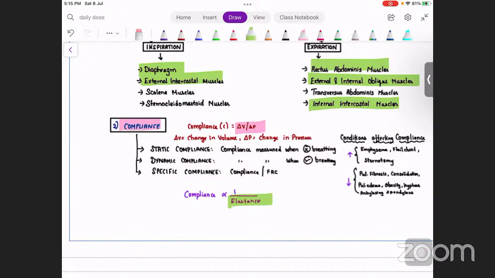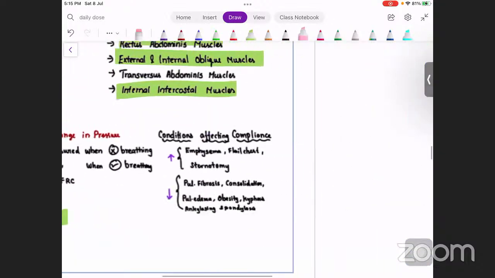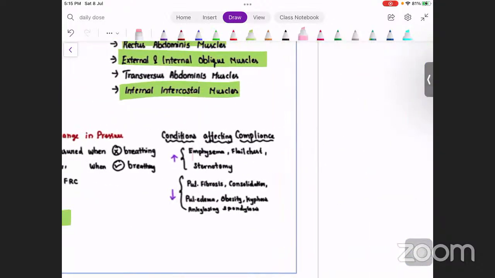Okay. And what are the conditions that can increase the compliance of your lung, and what are the conditions that can decrease it? The conditions that can increase the compliance of your lung are emphysema, flail chest, and sternotomy.